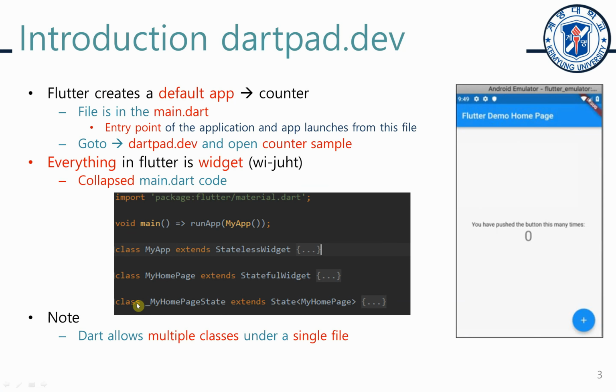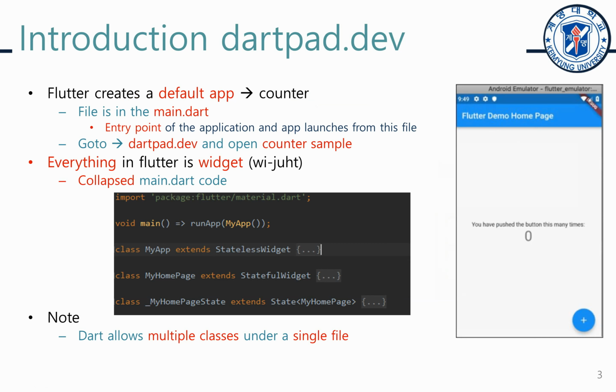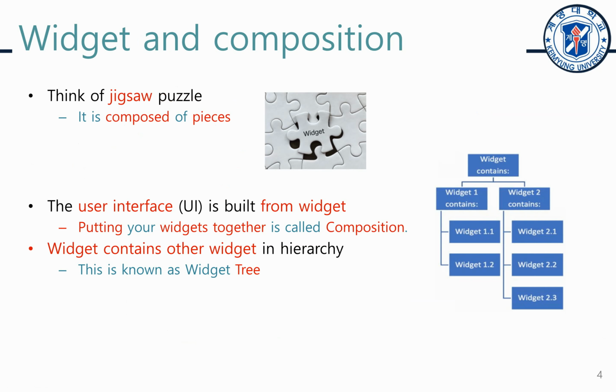In Java, there is one class, or at least one public class, per file, but that is not the case for Dart. So your programming in Flutter is like composing, or it is actually solving a puzzle.